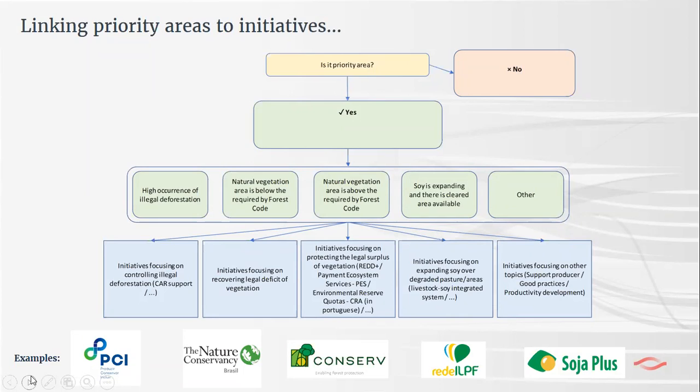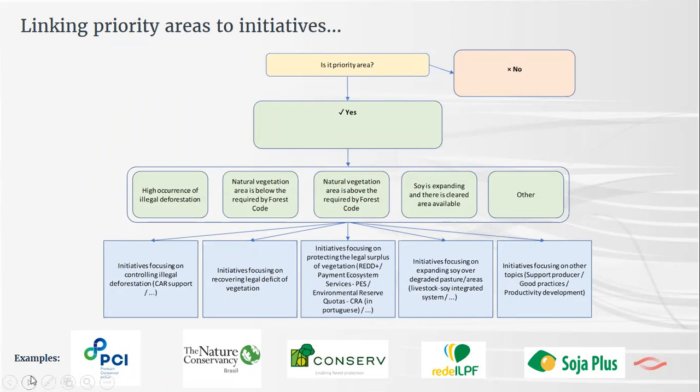For example, in our initial analysis, if we identified from municipal scale statistics that there were high instances of illegal deforestation occurring in our priority municipalities, then the intention was to screen for initiatives focusing on controlling illegality in those regions.